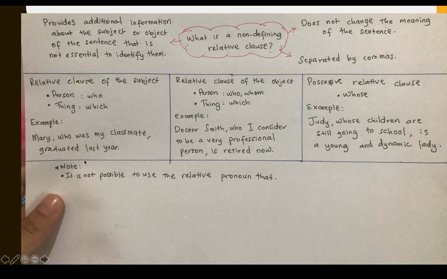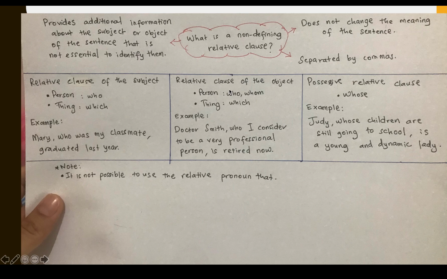We still understand the sentence, but here we add additional information. She happened to be this person's classmate. This is the additional information that we added in the sentence. That is what we call a non-defining relative clause.